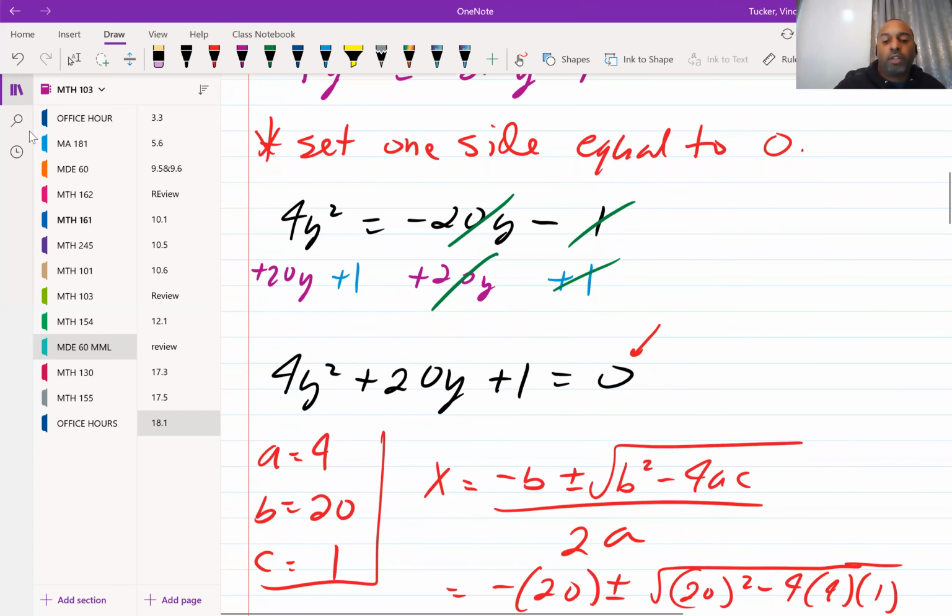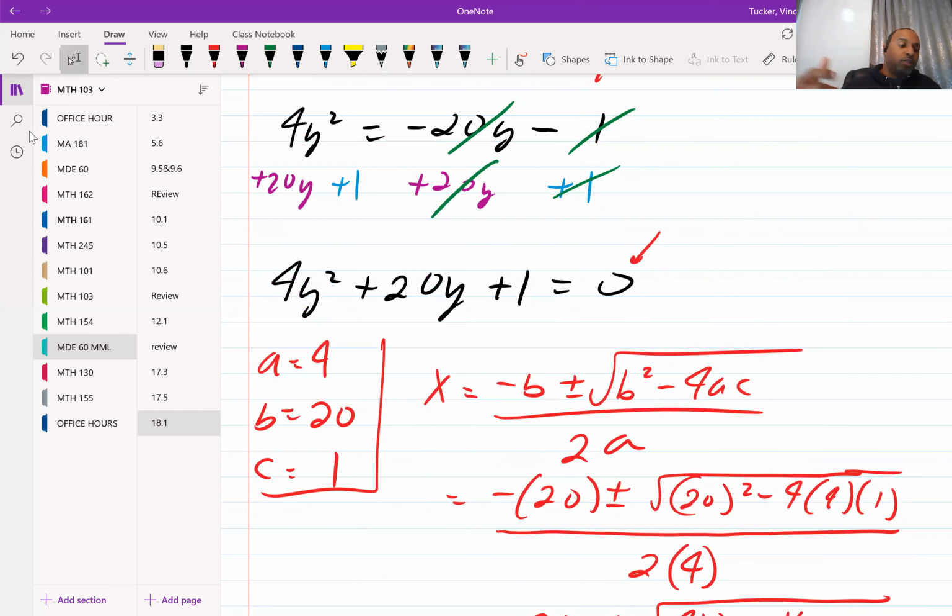All right, so let's plug in accordingly. B is 20. A is 4 and C is 1. So we have negative 20 plus or minus the square root of 20 squared minus 4 times 4 times 1, all over 2 times 4.